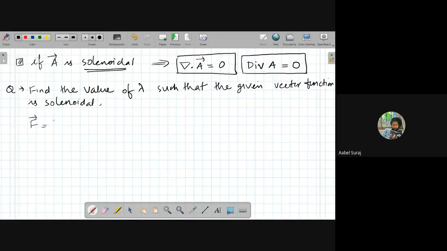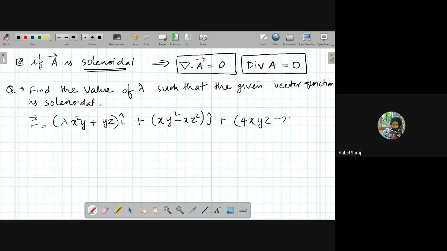The function is given as lambda x square y plus yz into I cap, plus x y square minus x z square into j cap, plus 4xyz minus 2x square y square into k cap. So this is the vector. This is a big function.